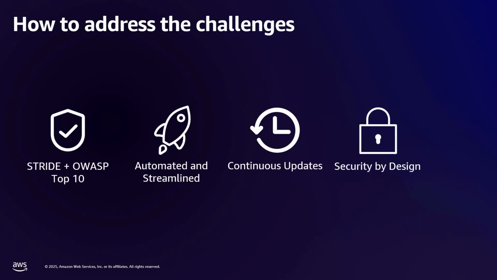Next, I will introduce how to address those challenges. First, besides traditional threat modeling frameworks such as STRIDE, which includes spoofing, tampering, and information disclosure, we can use the new AI threat framework, OWASP Top 10 for LLM. And we can use AI to make threat modeling an automated and streamlined process.